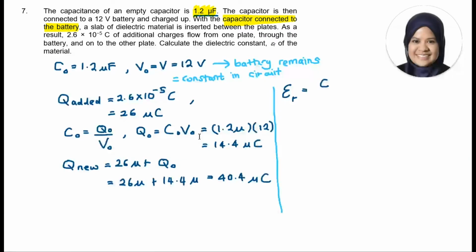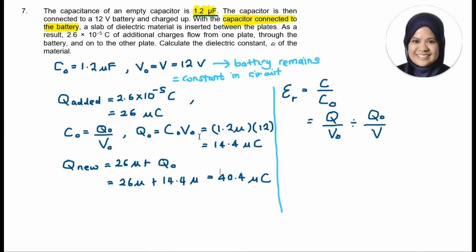So I don't want to find C because I have Q and my V is constant. So from mathematics I can have C equals to Q over V0 divided by Q0 over V0. Why we have both V0? Because the V is constant.